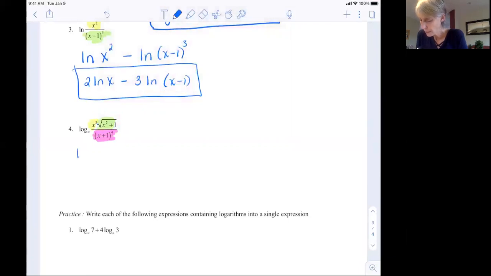I start by simply rewriting any radical sign with a fraction power.